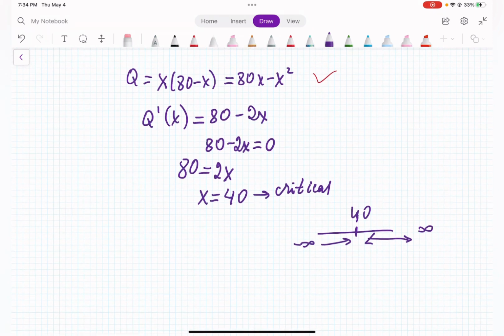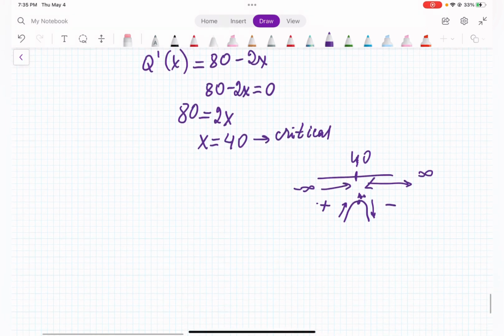If we get plus on the left and minus on the right, it's going to be a maximum, rising then going down. But if we get minus and then plus, it's a minimum, falling down and then moving up.